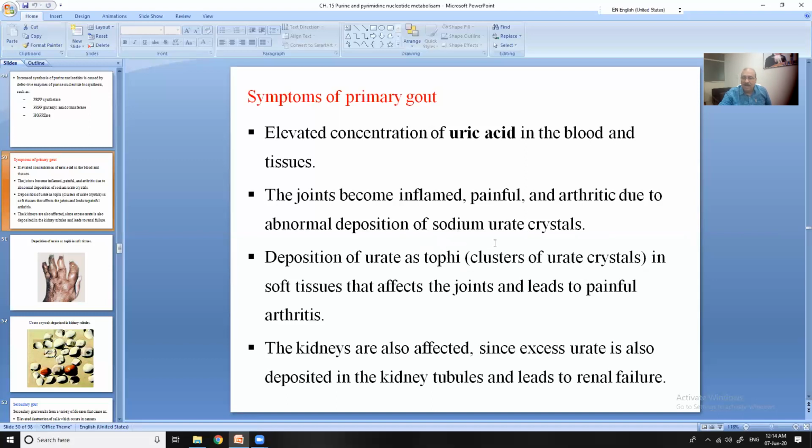So you are getting clusters of urate crystals like a toffee in soft tissues, and that affects the joints and leads to painful arthritis. And the kidneys are also affected since excess urate is also deposited in the kidney tubules and leads to renal failure.